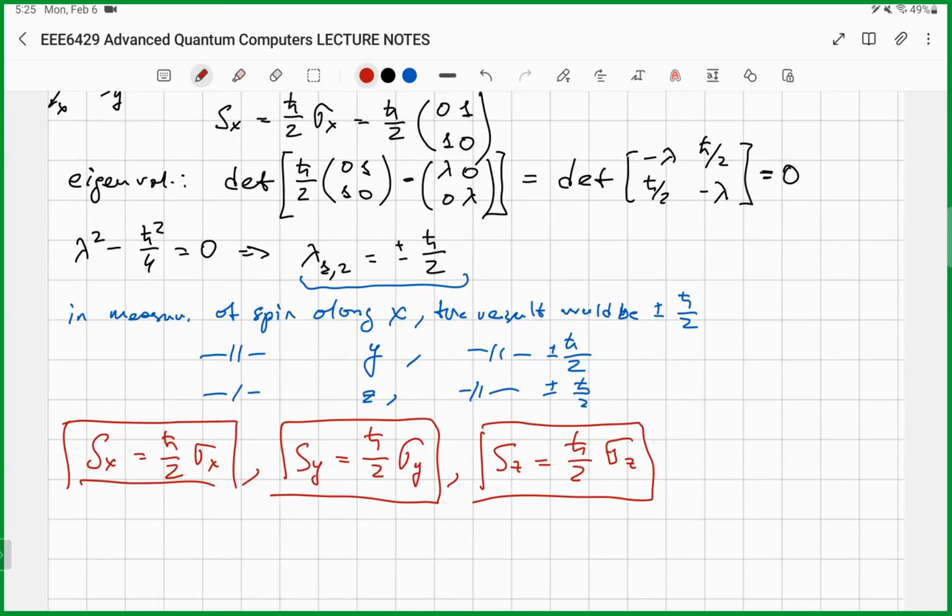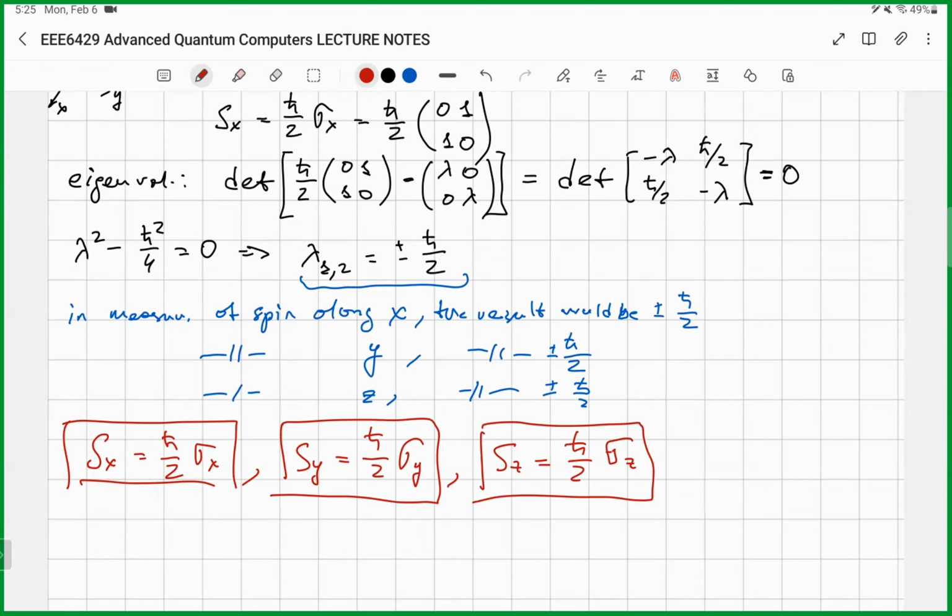Basically, this spin operator, as x, y, and z, describes the spin state of a particle in the same way the operator of momentum describes the momentum of a particle, or the Hamiltonian describes the energy state of a particle.